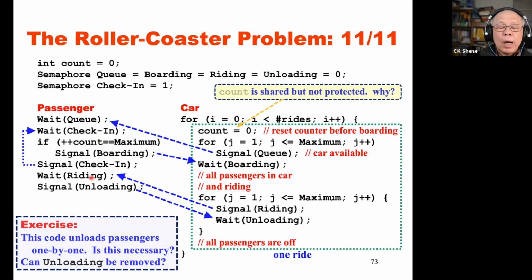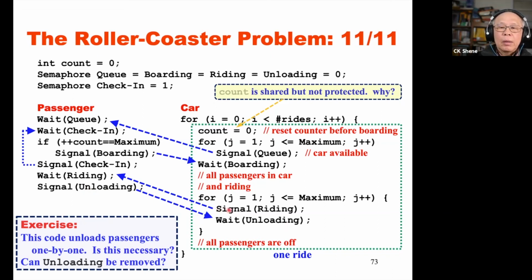Then when I am released from this wait, released by whom? Released by the car, indicating the car has stopped. Then I get off the car and say bye-bye to the car driver or the station manager by signaling unloading here.